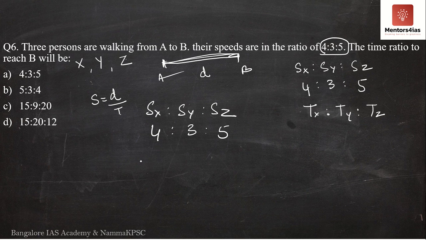Sx is the distance traveled in time tx, Sy the distance traveled in time ty, and Sz the distance traveled in time tz.